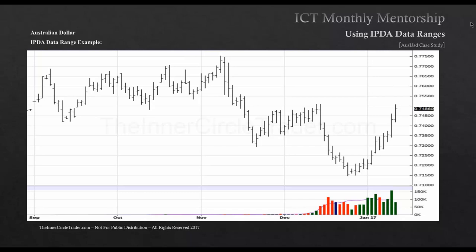That means there was a great deal of displacement by the large players or smart money. What we're seeing here is the underlying futures contract of the Australian dollar having a market shift right there. That's a quarterly market shift. Over the last 3 to 6 months, that's the most obvious one. You can clearly see it.